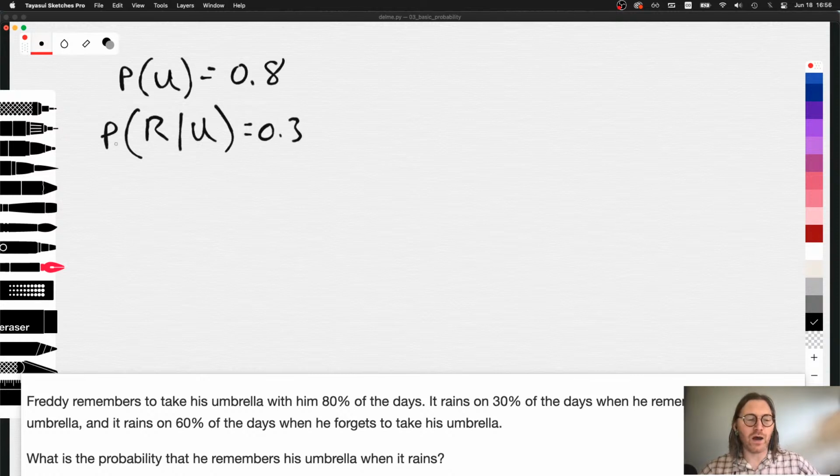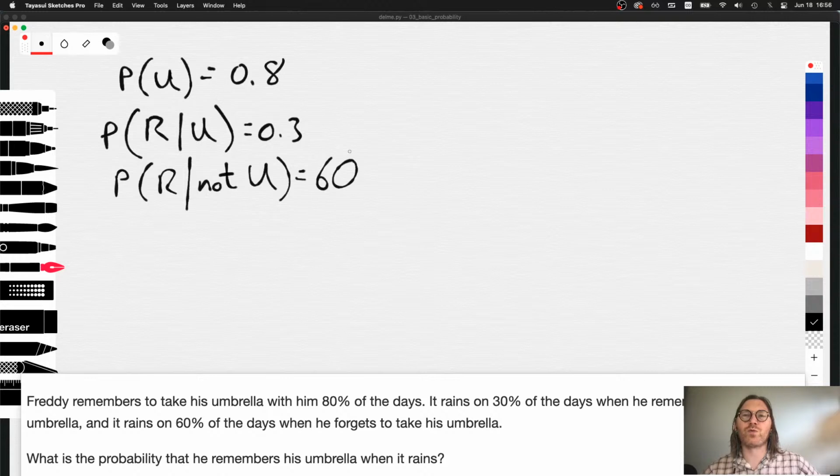And then it rains on 60% of the days when he forgets to take his umbrella. So that's very similar. It rains given not umbrella, right? It rains 60% of those days.